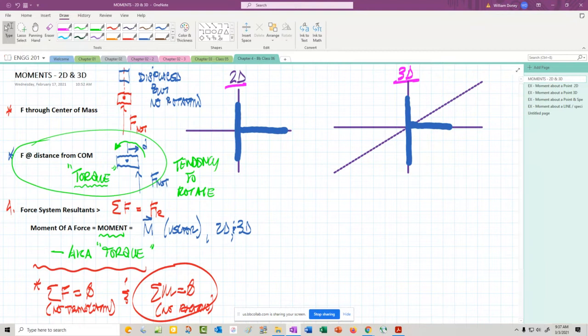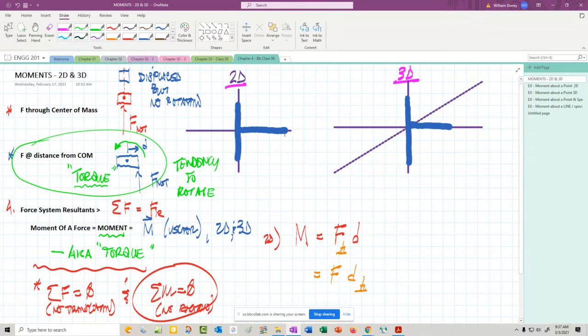All right, so how do we calculate it? When we're in 2D, we calculate with a force times distance. We typically want that force to either be perpendicular to the distance, or we want the distance to be perpendicular to the force.